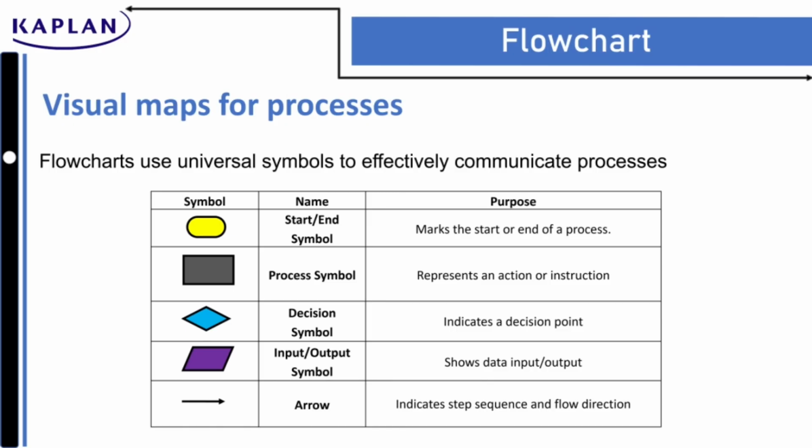Arrow connects all the symbols in a flowchart, ensuring a clear flow of information. They visually represent the sequence of steps and the overall direction of the process. By understanding these core symbols and their roles, you'll be well equipped to interpret and even create flowcharts, making complex processes clear and manageable.